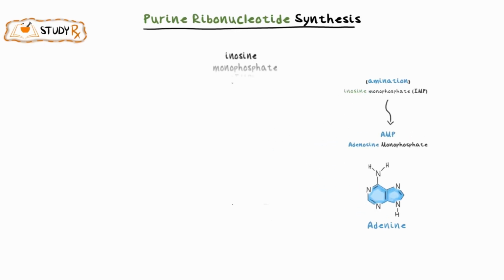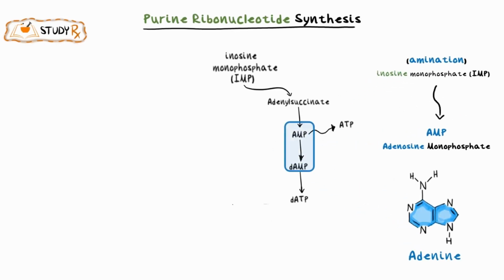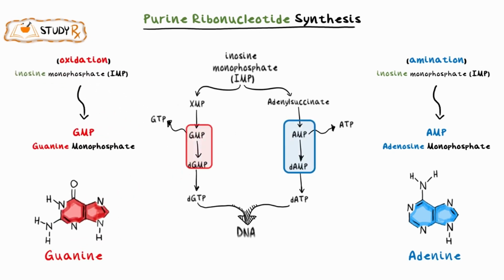The purine ribonucleotide synthesis is primarily composed of adenosine monophosphate, AMP, and guanine monophosphate, GMP, in which AMP is derived from the amination of inosine monophosphate, IMP, and then is reduced to form dAMP. GMP has an equally similar process except that it is derived from the oxidation of IMP, and then it is too reduced to form dGMP.